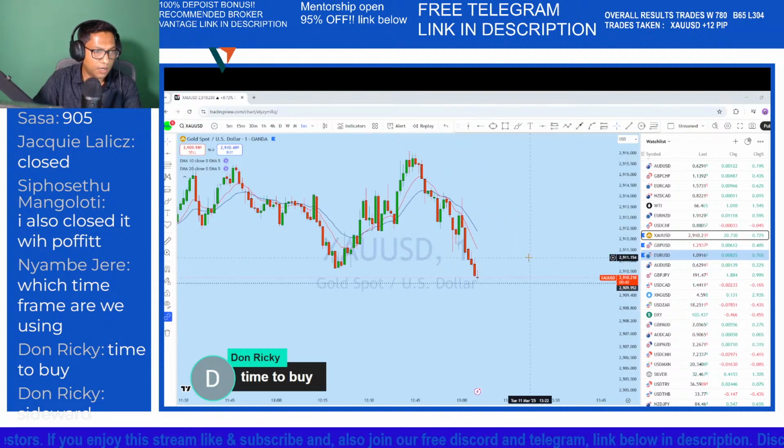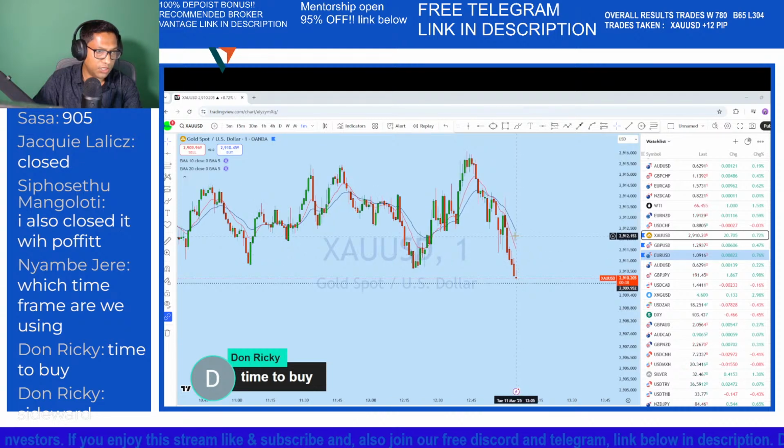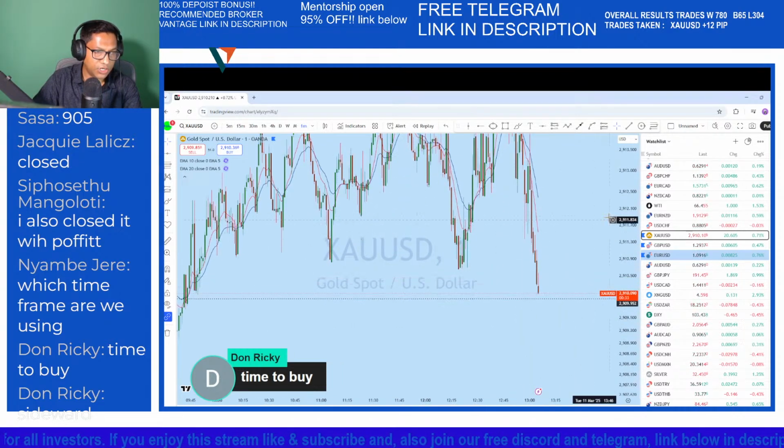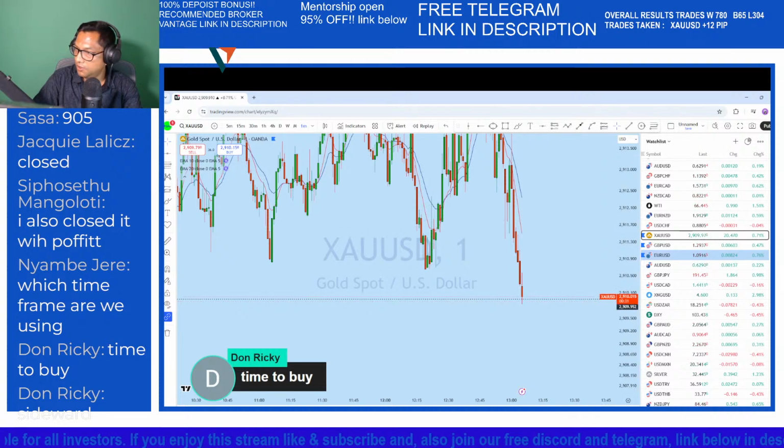So you see that downward pressure, wanting to see that the market is trending in that direction, and that's why we're waiting to see it showing its hand. Potentially we might see that for the downward pressure.